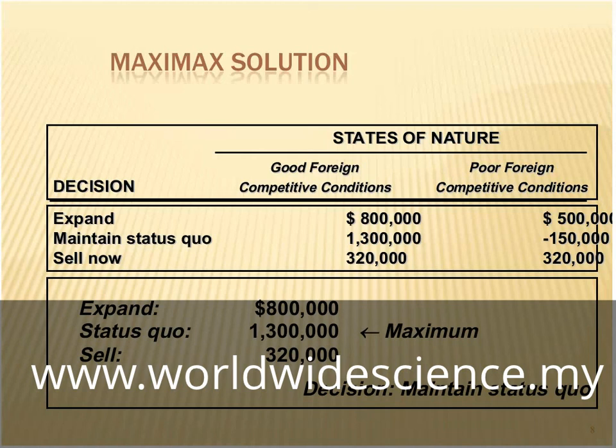You must apply all of 5 methods, and after that, at the end, you must see which option has been selected by most methods, and you must select that one. Okay, it's very, very easy.